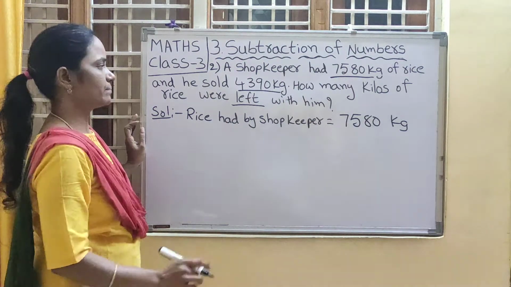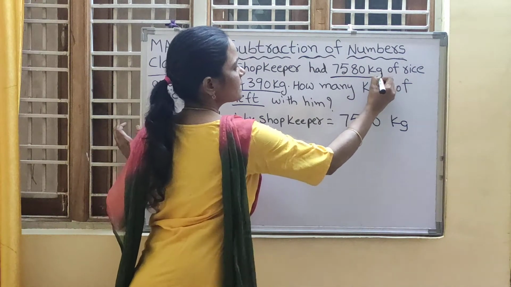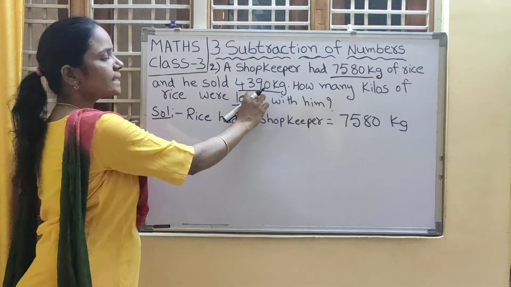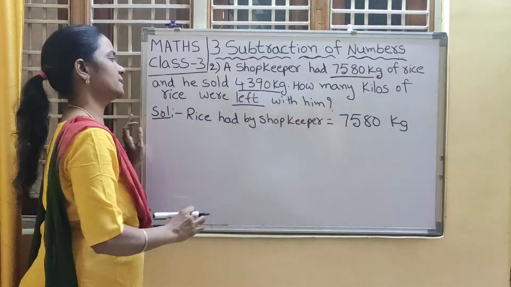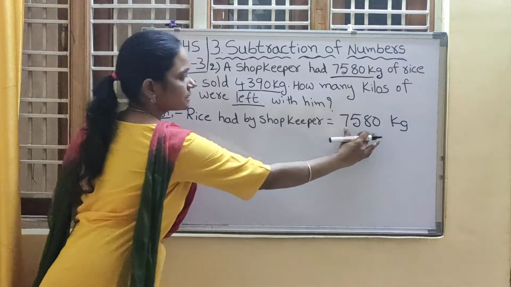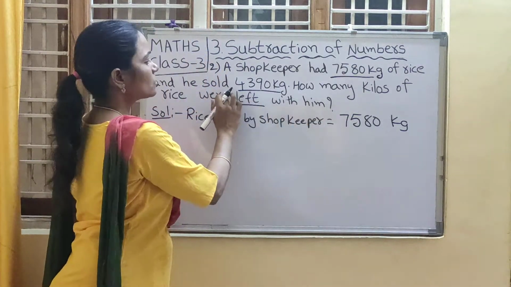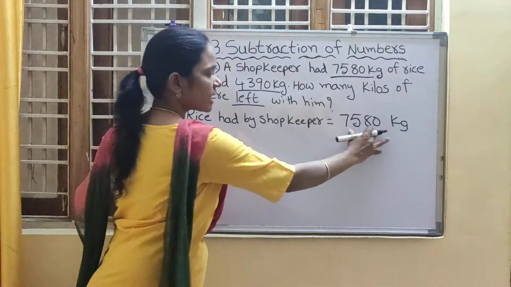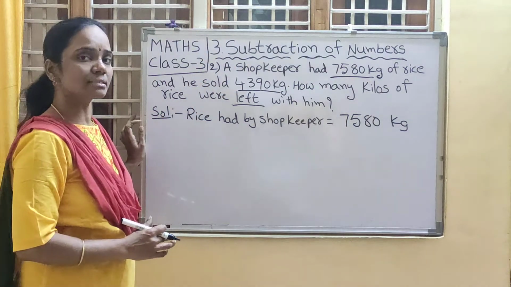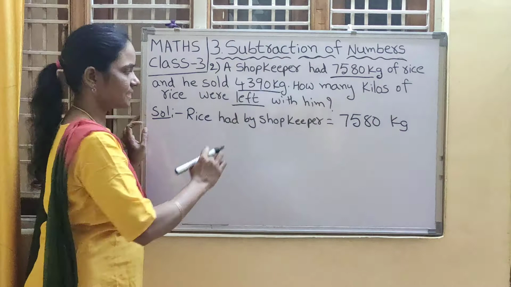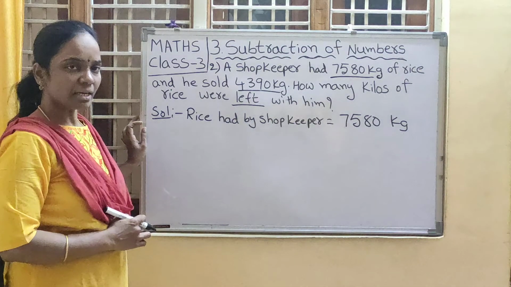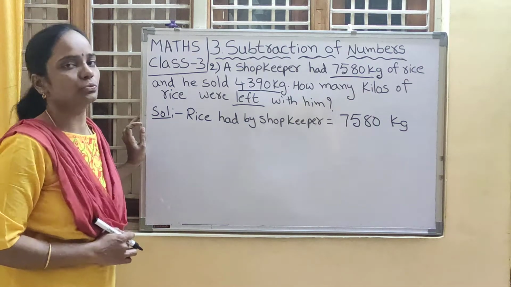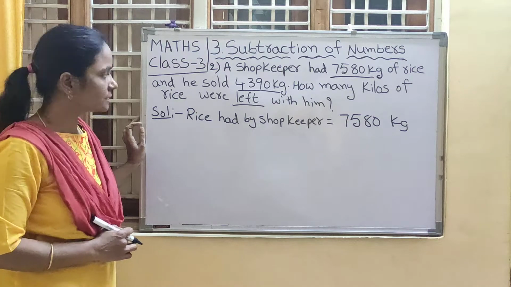This is the first statement. Next, write down the second statement. What is the second number? 4,390. It means out of these kgs, he sold 4,390 kgs. Out of this much rice, how many kgs did he sell? 4,390 kgs. From that, write down statement 2. So what is statement 2, children?